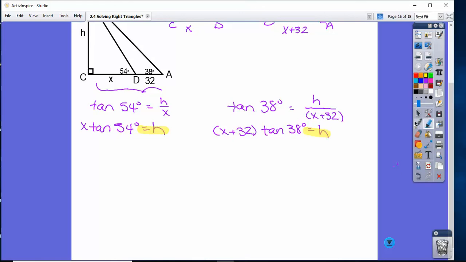Since both of these are equal to H, I just set them equal to one another. And now I have an equation that only has one variable in it. It's a little ugly, but we only have one variable. We can solve this. The first thing you're going to have to do is distribute that tangent.